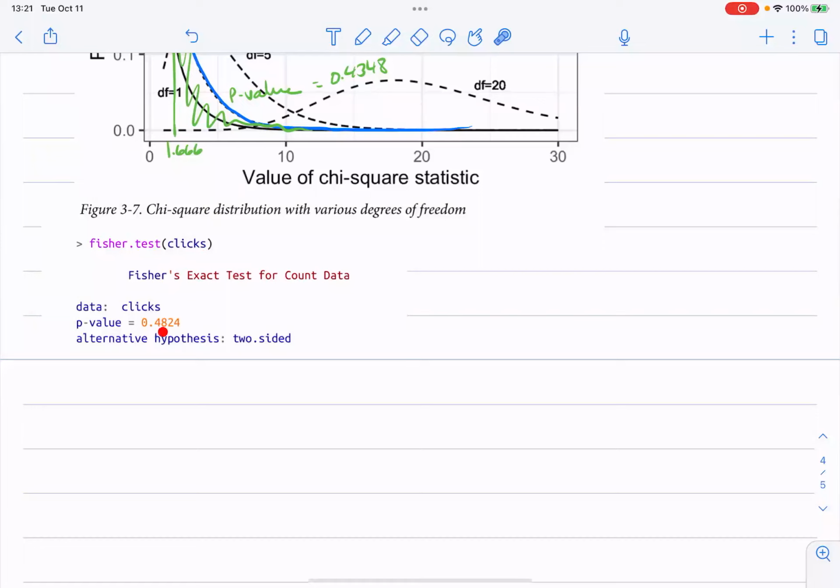But if you do Fisher's exact test on this data, even though there are more than 5 counts, you can still use Fisher's exact test. It's computationally expensive because it considers all possible outcomes. So it might take a while. But then you can get this p-value of 0.4824.